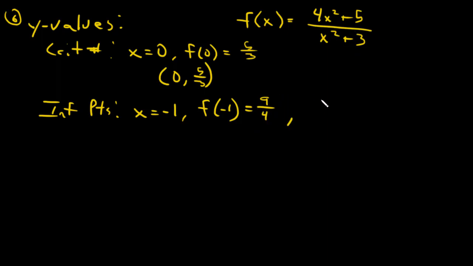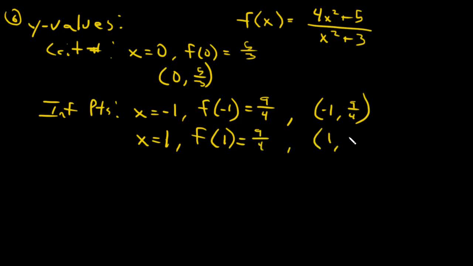And so its location is going to be (-1, 9/4). And then I had one at x equals 1. When I look at f of 1, I wind up with exactly the same thing because I square it. So this is also 9/4. So (1, 9/4).